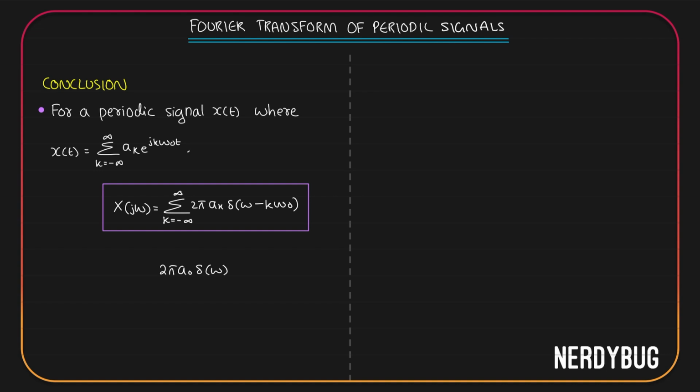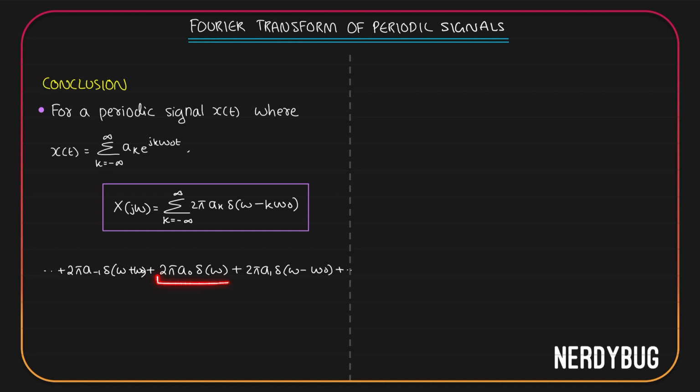If I give k equal to 1, I will get plus 2 pi a1 delta of omega minus 1 omega naught. It goes on like that. On the other side, if I give k equals minus 1, I will get 2 pi a minus 1 delta of omega plus omega naught. And it goes on like that.